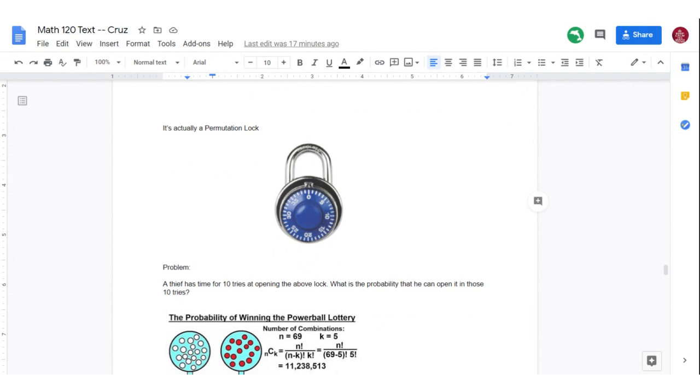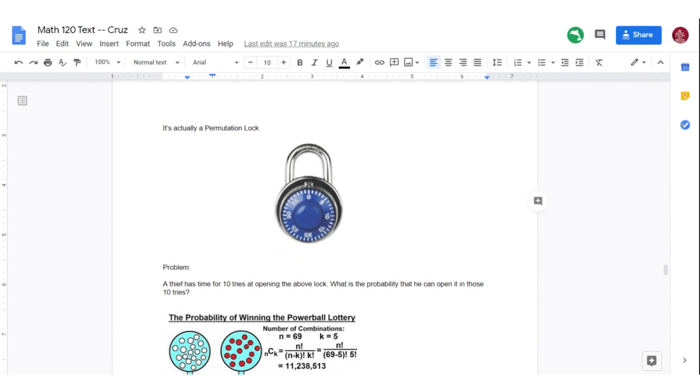Most people call it a combination lock, but the reason why it's not a combination lock is because the order in which you put the numbers in is important. So if your combination is 1, 2, 3, you can't put in 3, 2, 1. You can't put in 2, 1, 3. Only 1, 2, 3 would be a working combination that gets it open.